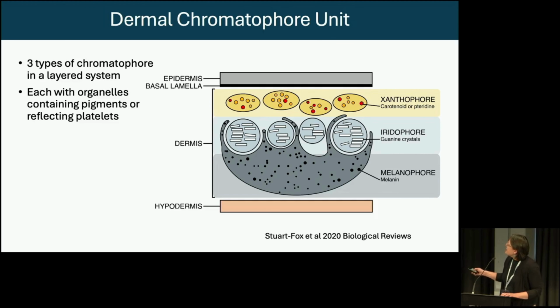And then the icing on the cake is these xanthophore cells that contain red and yellow pigments, often carotenoids and pteridines. They essentially act as a coloured filter. So you can imagine that if these cells produce blue overlain by a yellow filter, the animal appears green. With a relatively simple layered system like this, you can produce that extraordinary diversity of colours.